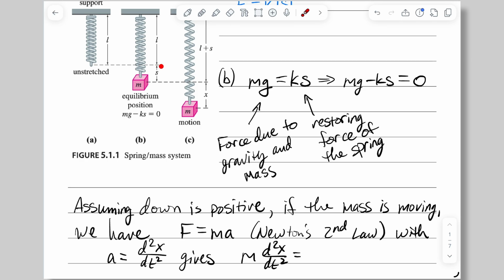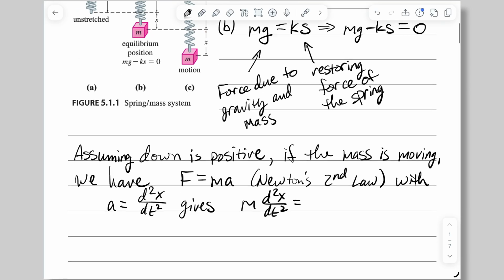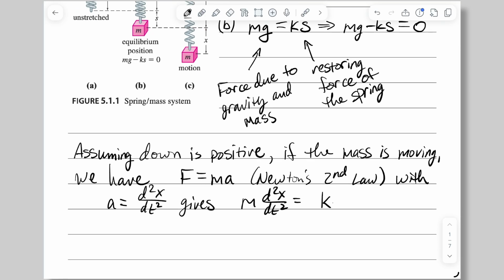The mass had already stretched the spring s units from its natural length. And then for a spring x units from equilibrium, there's the restoring force of that spring. The amount is going to be k times (s plus x), but we said down is positive, and the restoring force is pulling the spring up. Therefore, that's a negative term, and it's being offset by mg, which is pulling down in the positive direction.